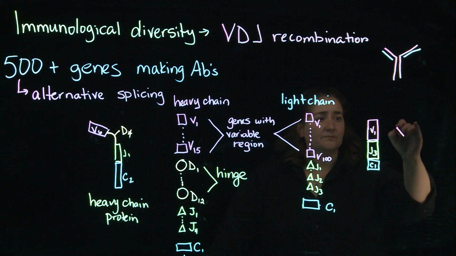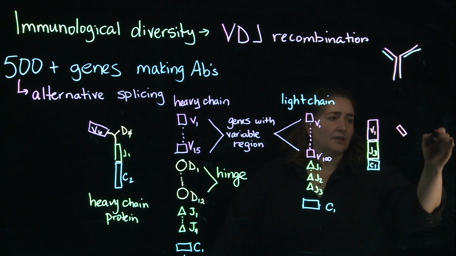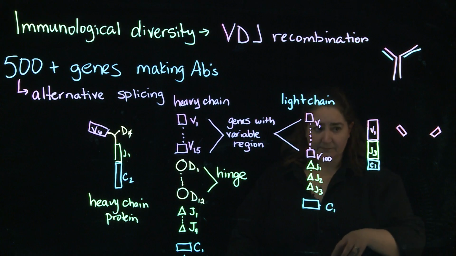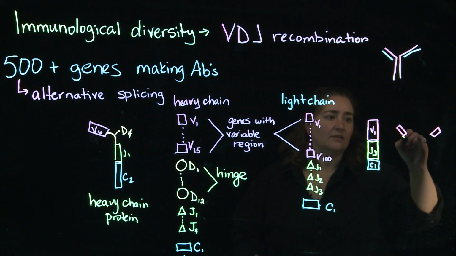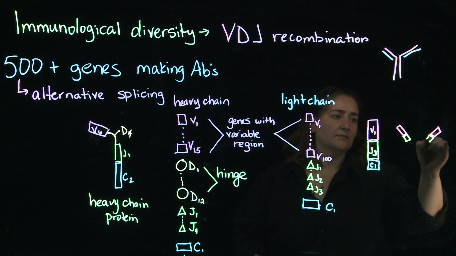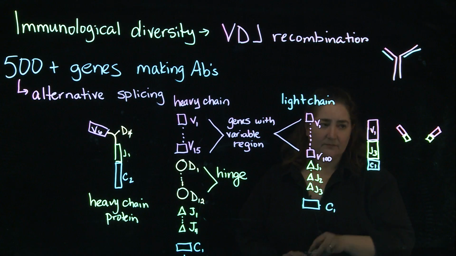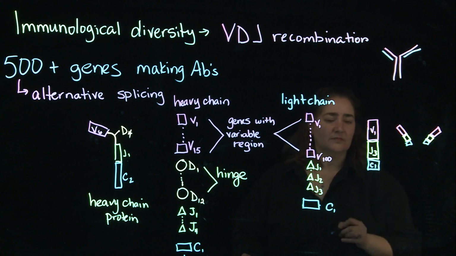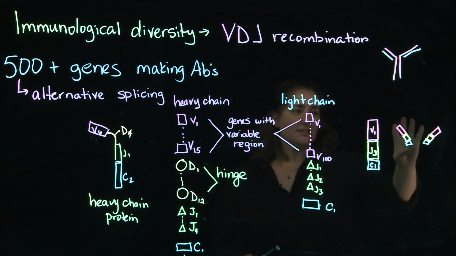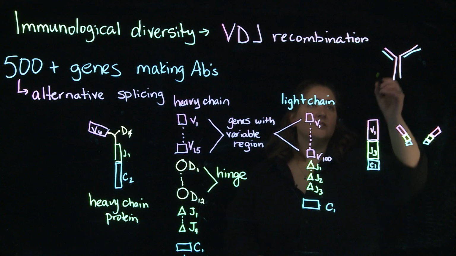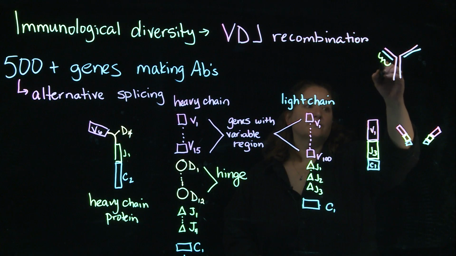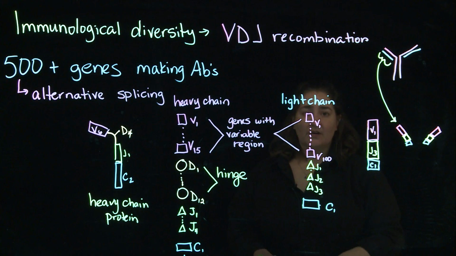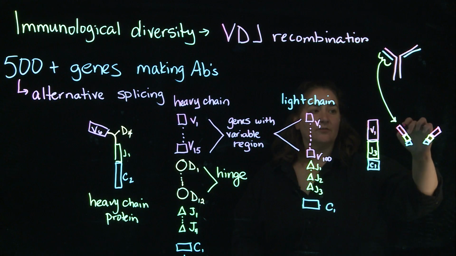up here. So we've got pink, green, and blue. Okay. This is now corresponding to this region here. All right. Then we've got our heavy chain that we made over here.